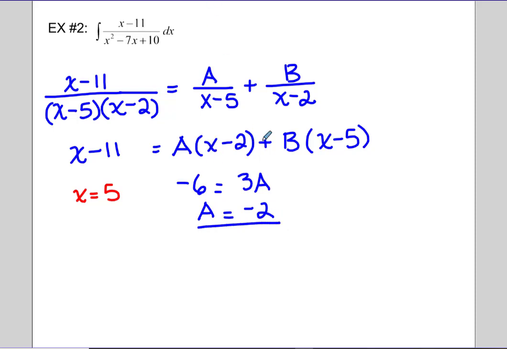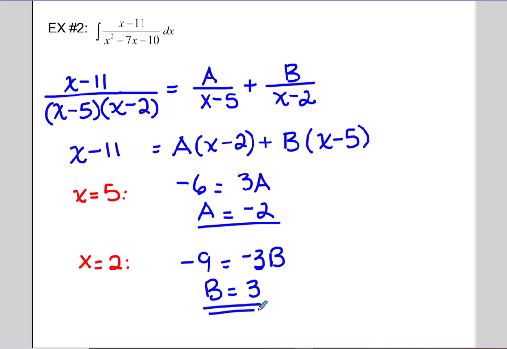Next, we want to eliminate the a, so we'll let x be positive 2. And if x is positive 2, then 2 minus 11 is negative 9. And this 2 here eliminates that term, and 2 minus 5 is negative 3. So our b term is positive 3.